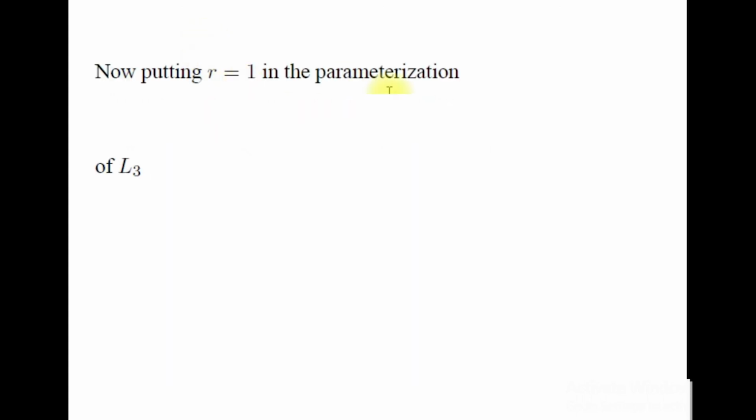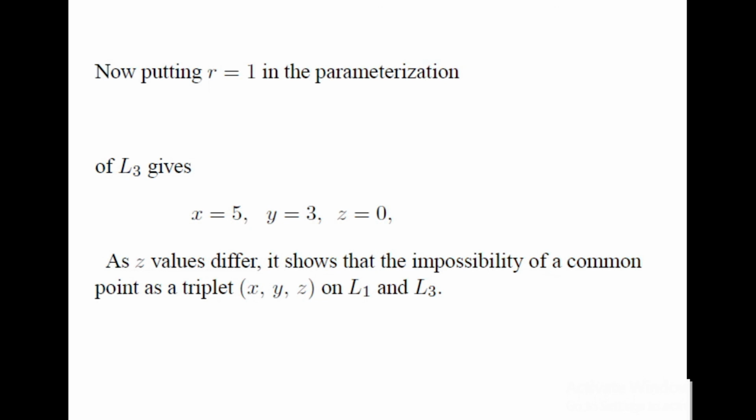Now putting r = 1 in the parameterization of the line L3, we get x = 5, y = 3, and z = 0. As z values differ, it shows the impossibility of a common point (x, y, z) on L1 and L3. That is, L1 and L3 are non-intersecting lines.